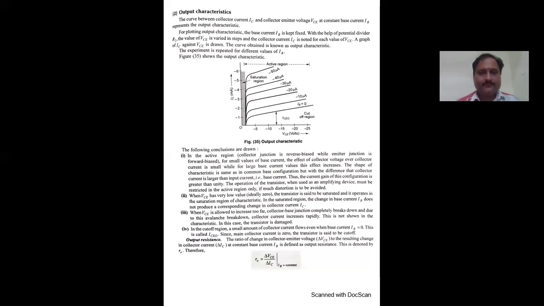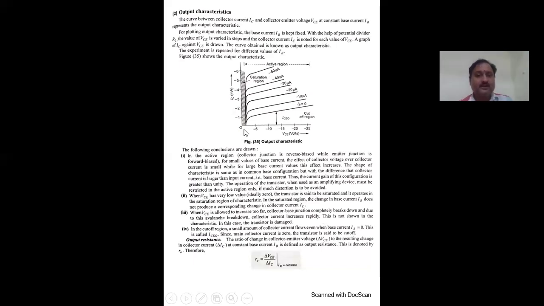In general, the transistor works in three stages. That is cutoff region, active region, saturation region. According to the breakover voltage formula, after breakover voltage, the current conduction starts.